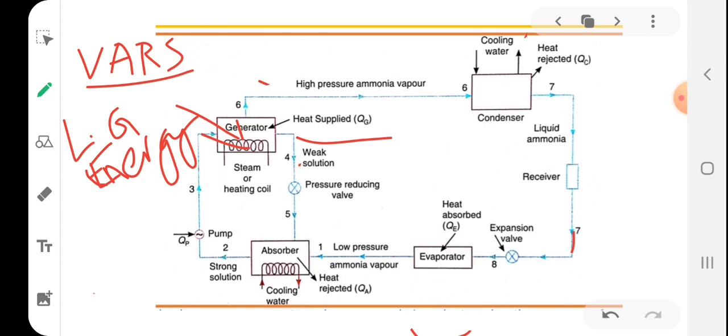So here, with the help of low grade energy itself, we can make a refrigeration system work. That is the main difference. We are also using a pump, but compared to a compressor, the work required in the pump is very low. So this is the working of the vapor absorption refrigeration system.